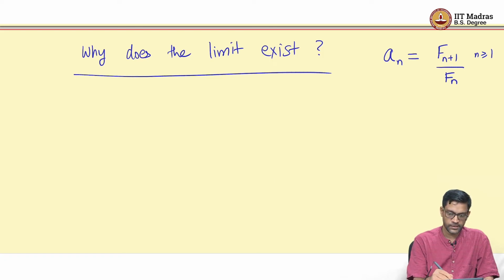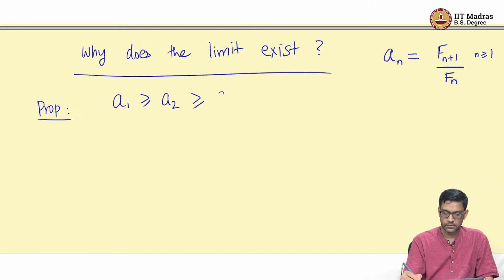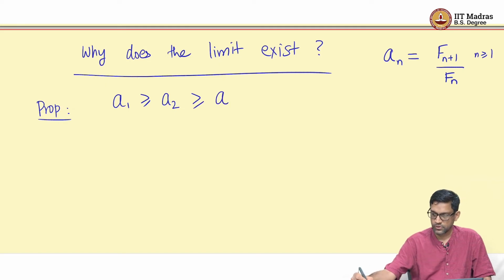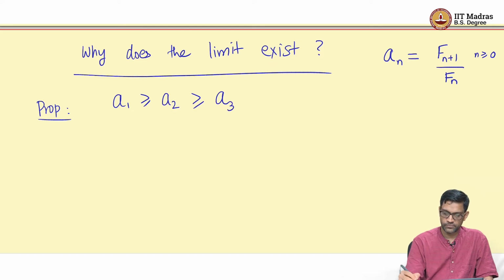Then here is my proposition, or claim. Maybe we should also take a0 so that I have the evens to match up with that picture. If I look at the odds, a1, a3, a5, they decrease in size, in fact they are all strictly smaller: a1 greater than a3 greater than a5.